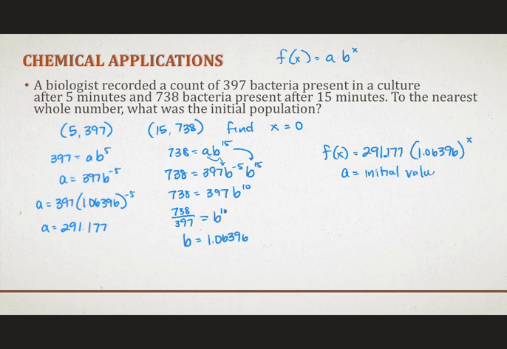It's what we started with. So once I solve for A, I actually don't have to plug in 0. You can if you want to, but you don't have to. So it says to the nearest whole number. So we're going to take that 291.177. So our initial population for this process, we started with 291 bacteria.